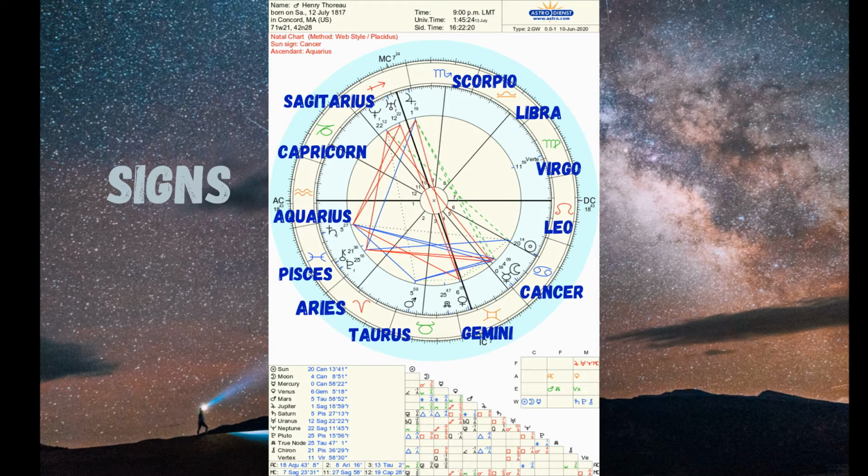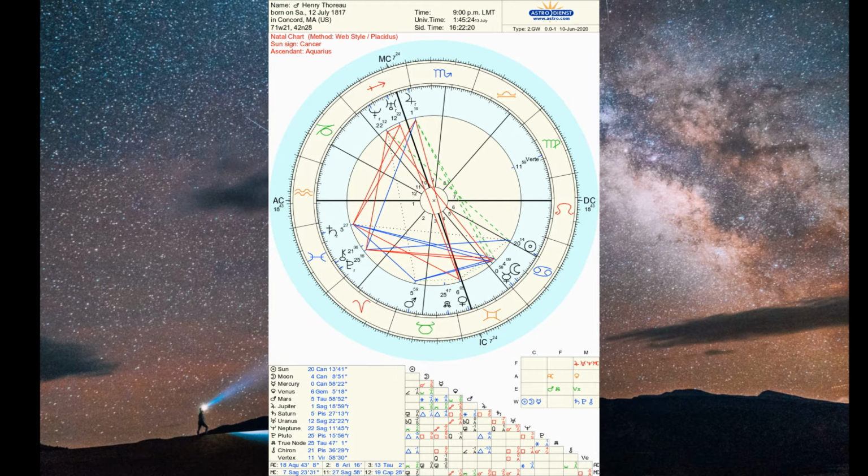So that's the first. Moving on to the next important component of the chart, we are going to be looking at the houses. There are 12 houses in a chart, and they are on the inside of the circle. The signs are on the outside of the circle, and then there are 12 houses. You can see that the inside of the circle is divided into 12 different pie shapes, and they don't line up perfectly with the signs.